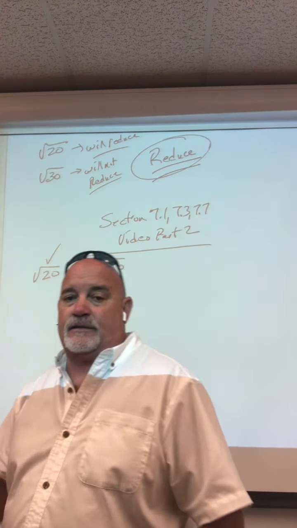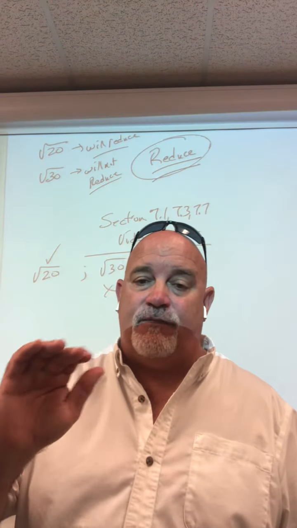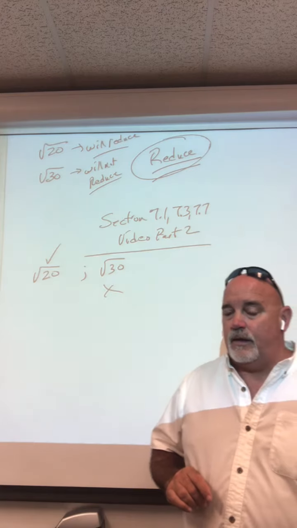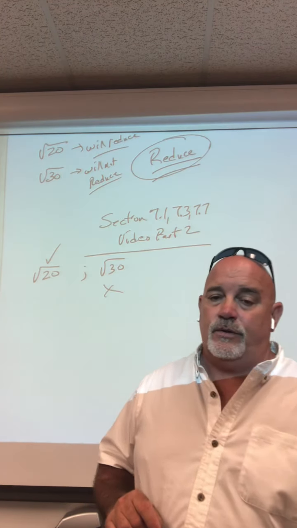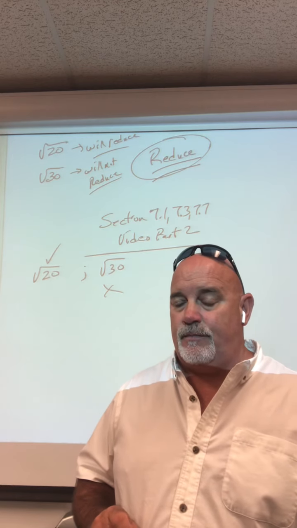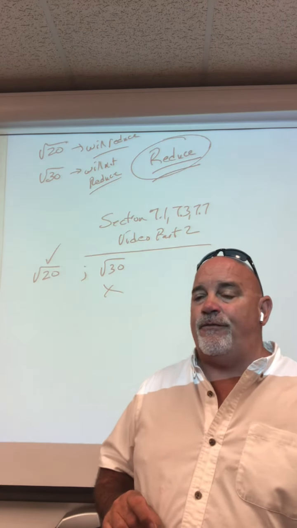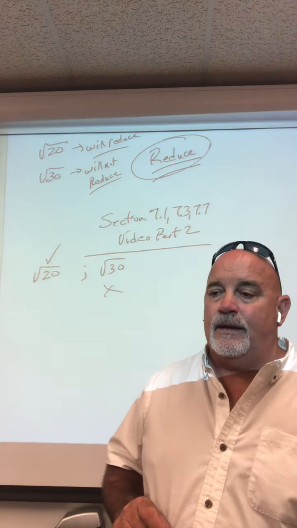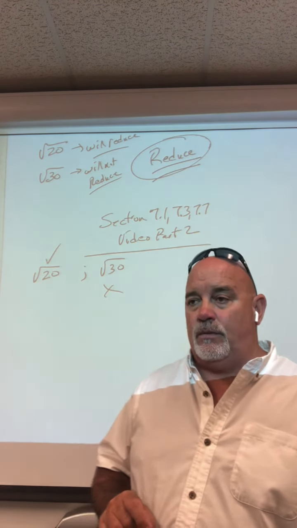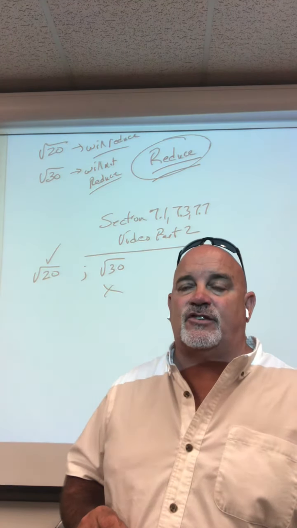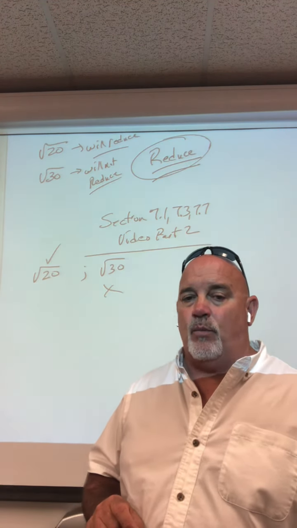Okay, let me take this note down. Pause the video as you need to. Take this note down. A square root can be reduced if its radicand is divisible by a perfect square other than 1.